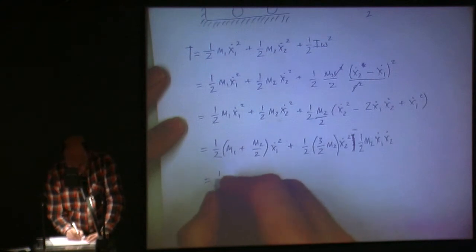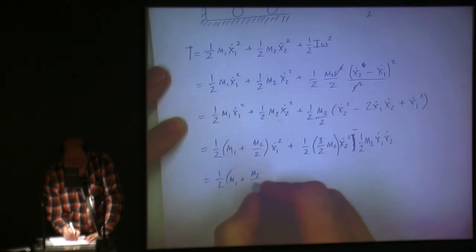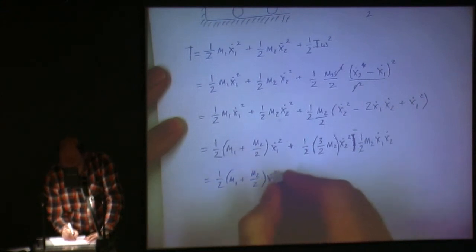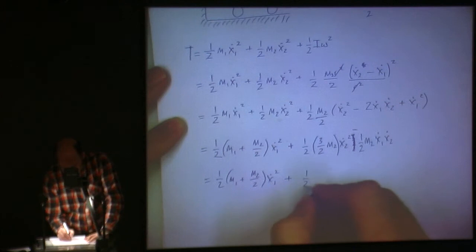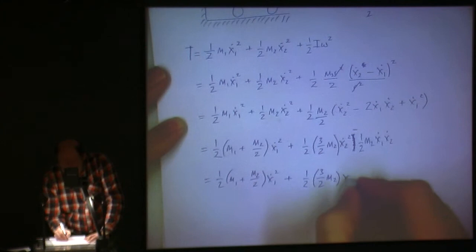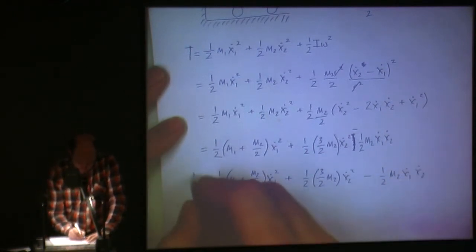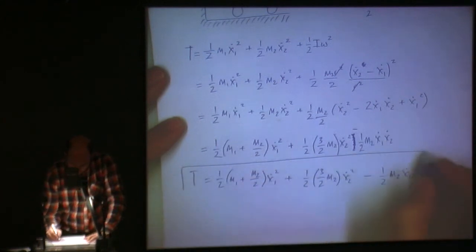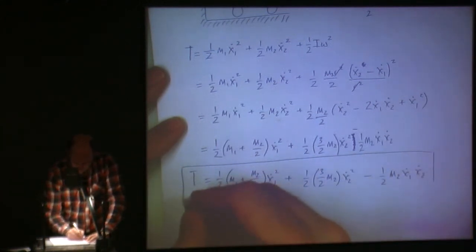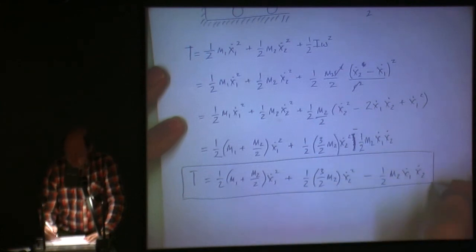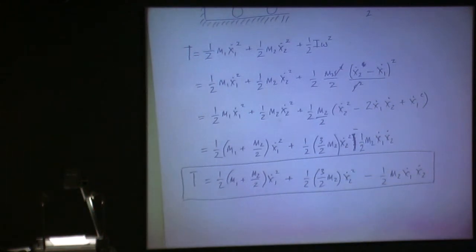Okay, 1/2 m1 plus m2 divided by 2 x1 dot squared plus 1/2 x2 dot squared minus 1/2 x1 dot x2. Okay, there's T. So that last line is exactly the same as the line above, but written out a bit clearer because I made a couple of mistakes.